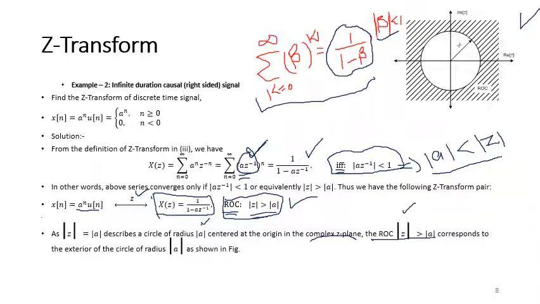This corresponds to the exterior of the circle of radius a. You understand, the distance from here to here is as indicated here, so this is a circle of radius a. The region of convergence will be all those points that are exterior of this circle of radius a. So I hope this gives you the idea.